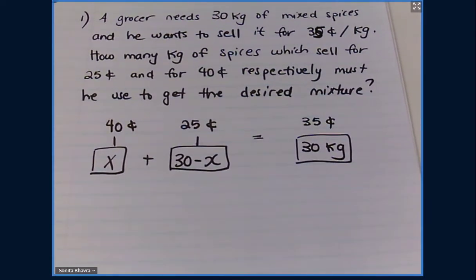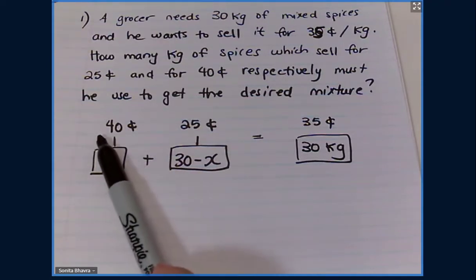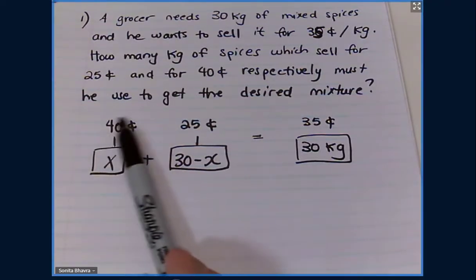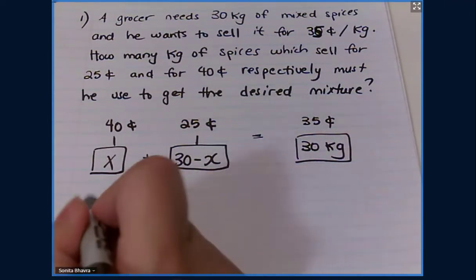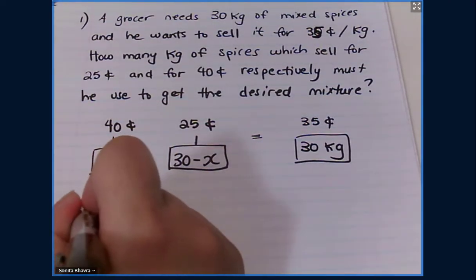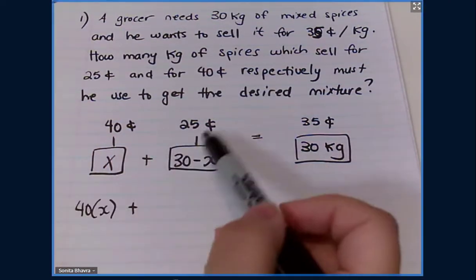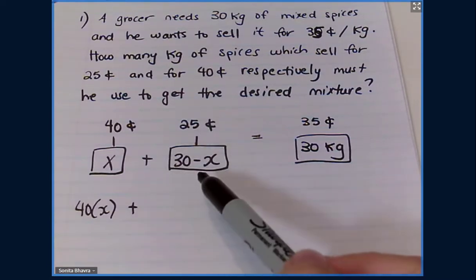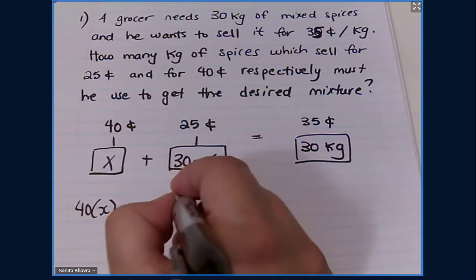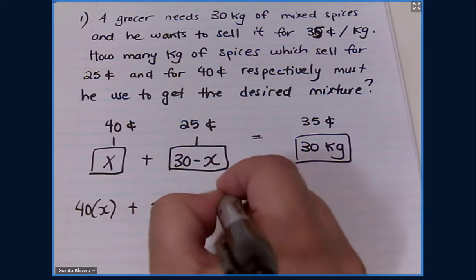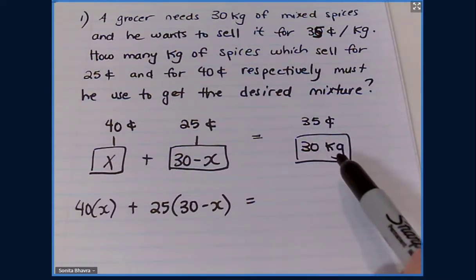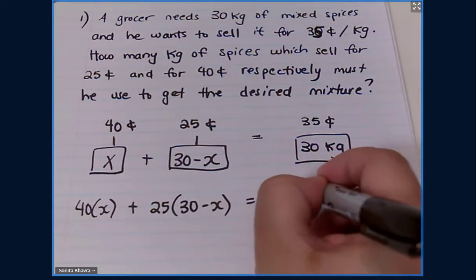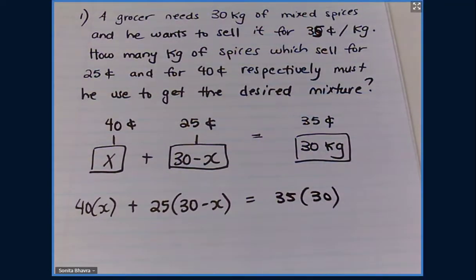All right, so now we can go ahead and multiply our value, or the cents, multiplied by the weight. So it'll be 40 times X plus 25 times (30 minus X), and it's equal to 35 cents times 30 kilograms, so 35 times 30.